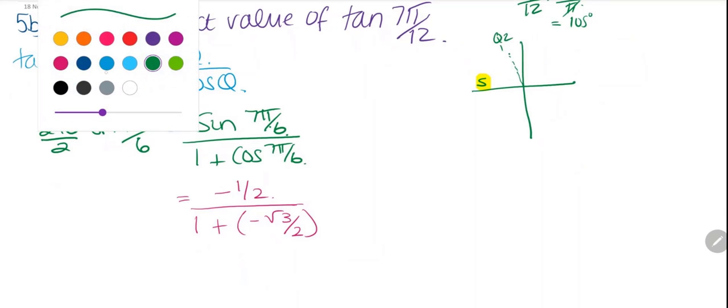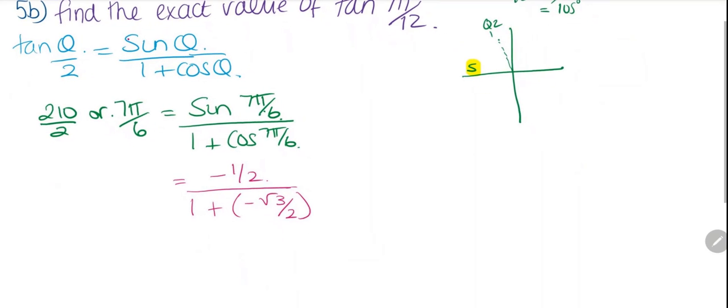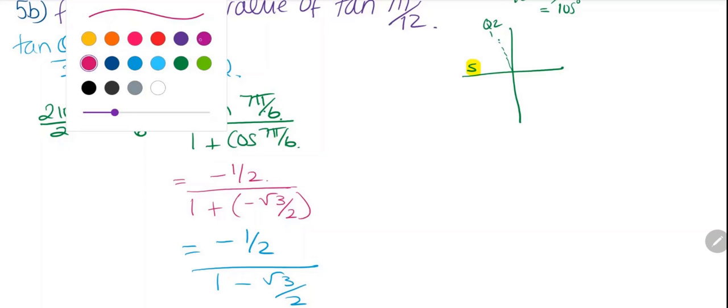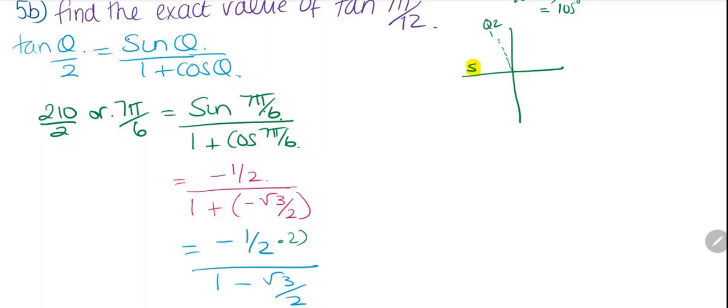So we need to multiply out our values. So we have minus a half divided by 1 minus root 3 over 2. And to eliminate the 2's on our denominator, we can multiply by 2.